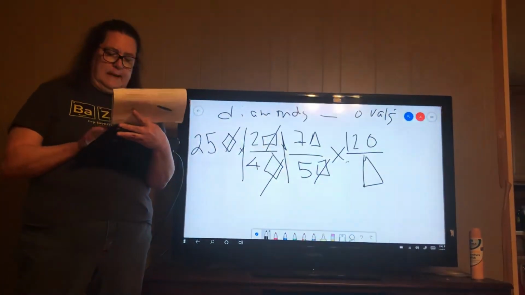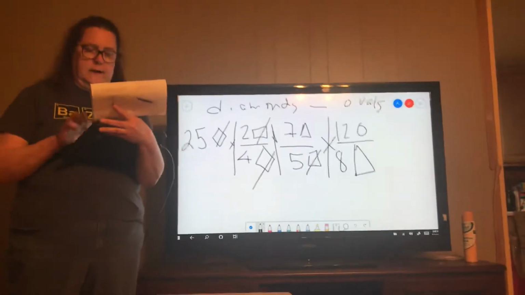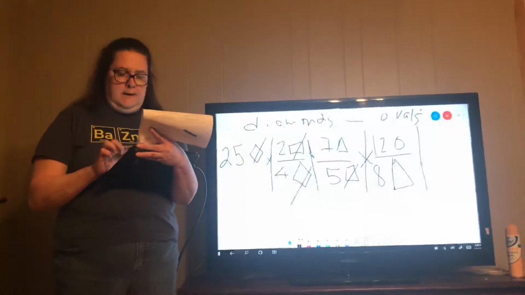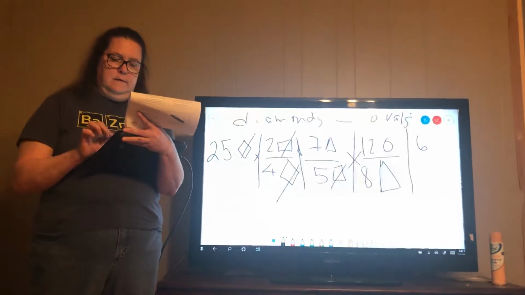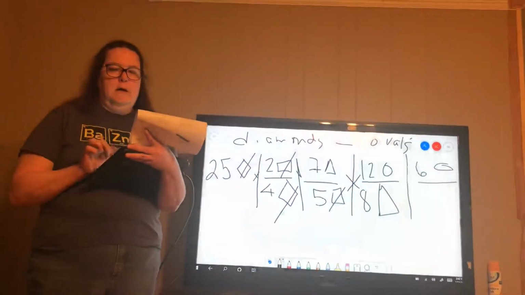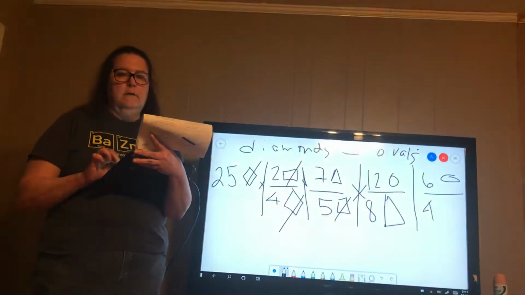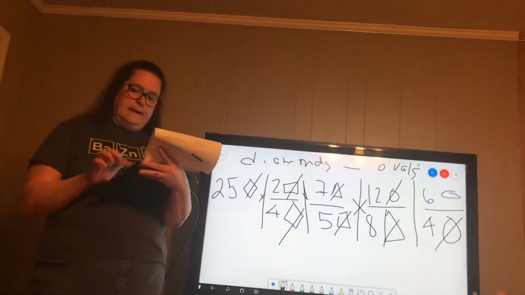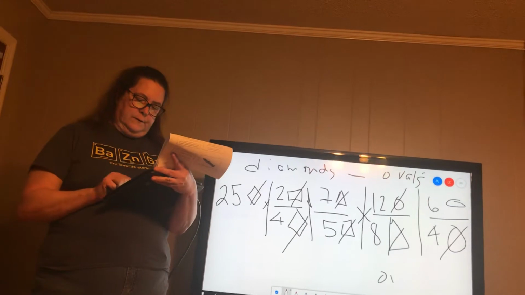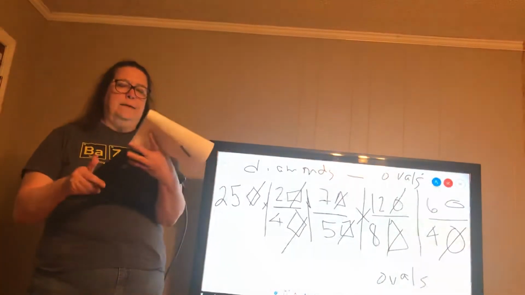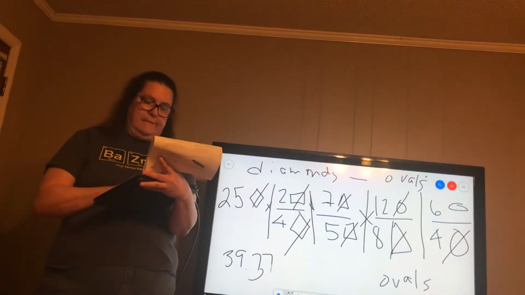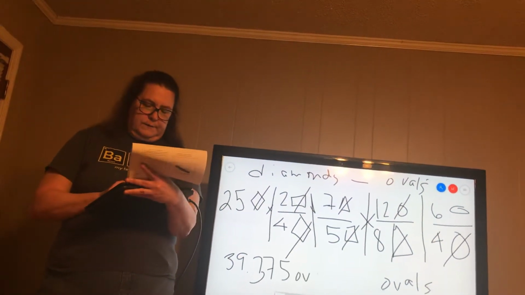And 8 triangles. Sorry, I'm so used to using multiplication. And then 6 ovals for 4 circles. Circles cancel out, triangles cancel out, so all I'm left with is ovals. So when I do the math, I get 39.375 ovals.